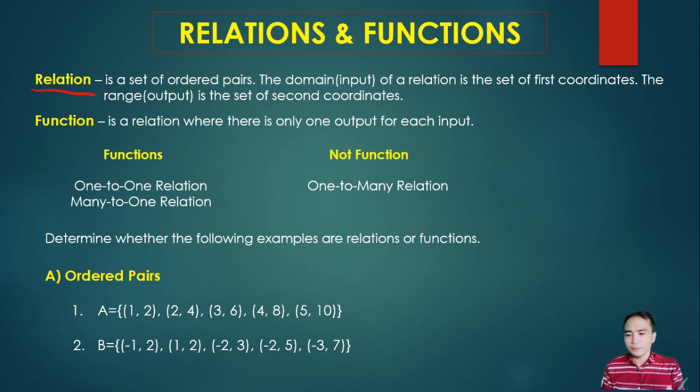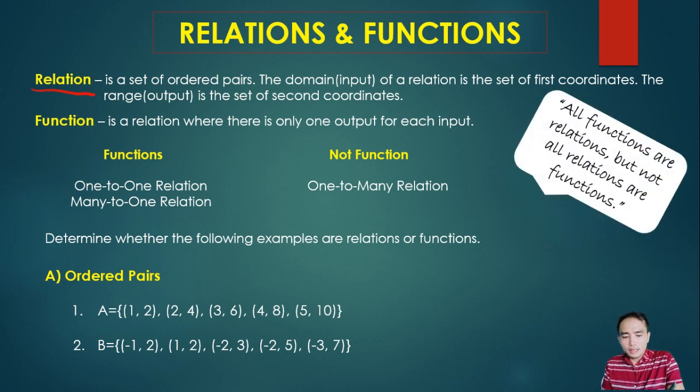While function, it is a relation. So, meron siyang ordered pairs and then merong isang output sa bawat input. Okay. So, how do we determine if the given example is a function or not? To determine if a given set of ordered pairs is a function, dapat meron siyang tinatawag na one-to-one relation or many-to-one relation.